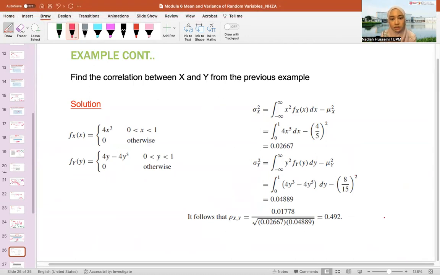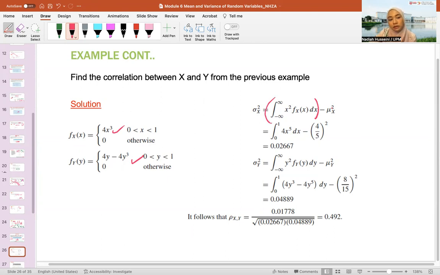Give me 5 more minutes. So this is the function that we saw earlier, the marginal density function that we already calculated. To find the correlation, first you need to find your variance or standard deviation. We already saw this equation. It was x squared. Remember that I told you, you have to put it in the bracket.